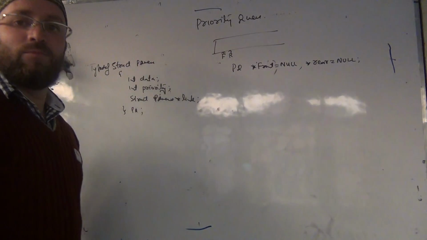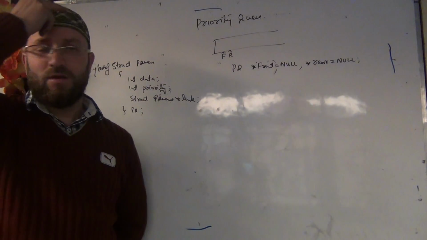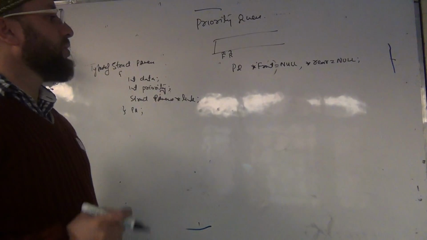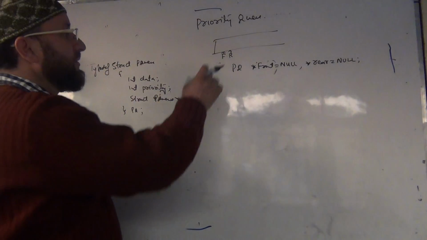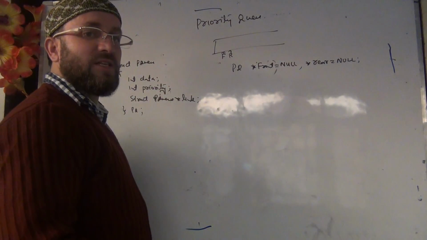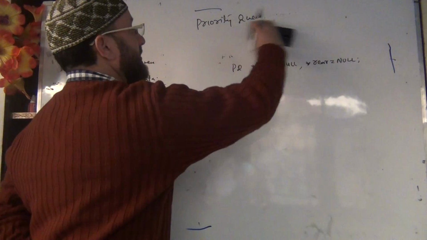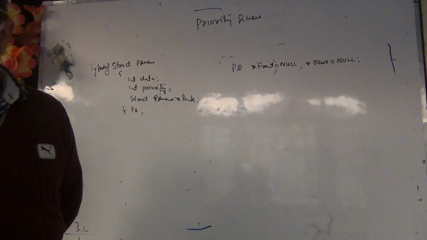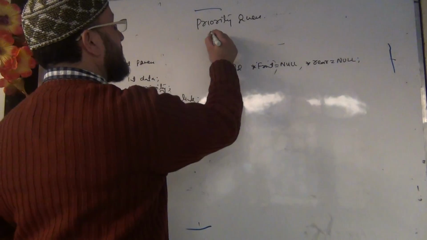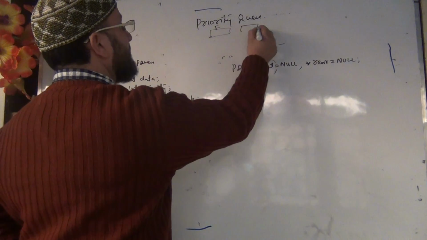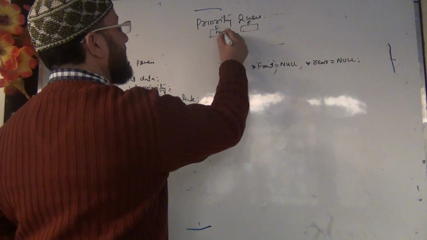Both of these are null. The front and rear both start as null, because I was talking about array implementation a little earlier, but now we are doing the linked list implementation. The situation is like this: my front and my rear both have nothing in them, null.